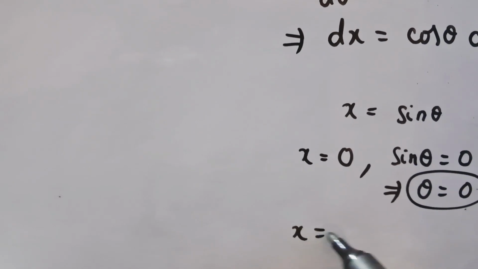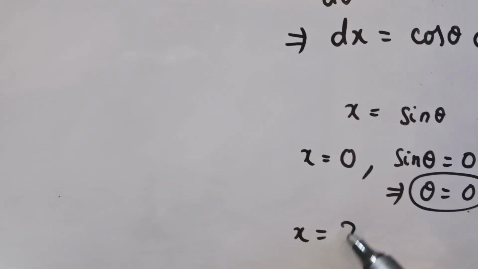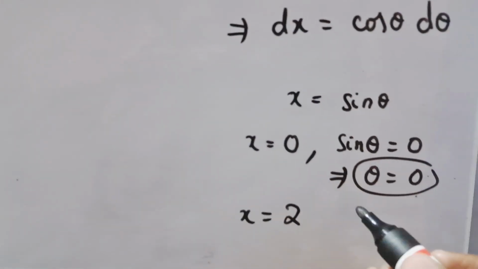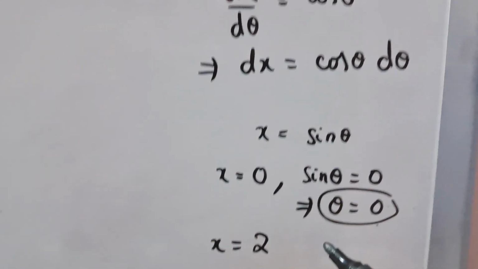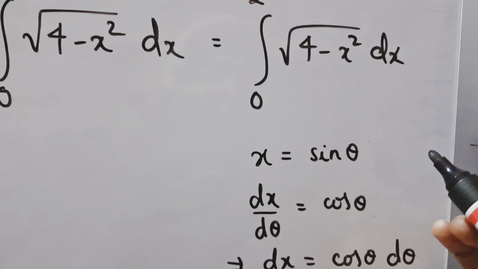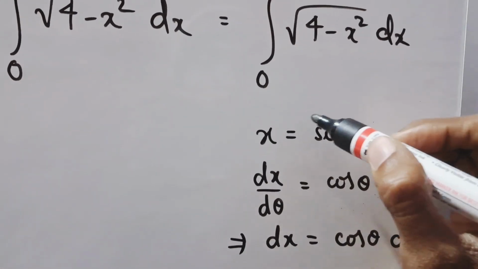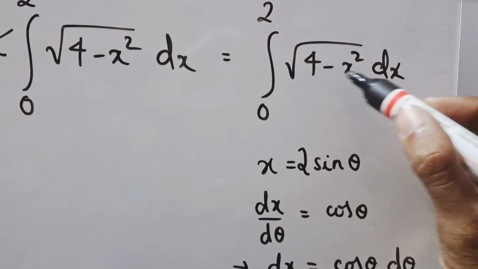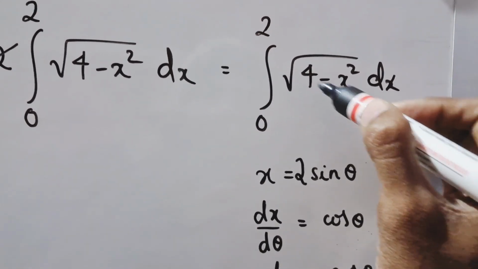And for x equals 2, what do we have to take? Here one thing we have to add extra is 2 sine theta, we have to take, then only 2 square will be 4, and we'll get this 4 out.